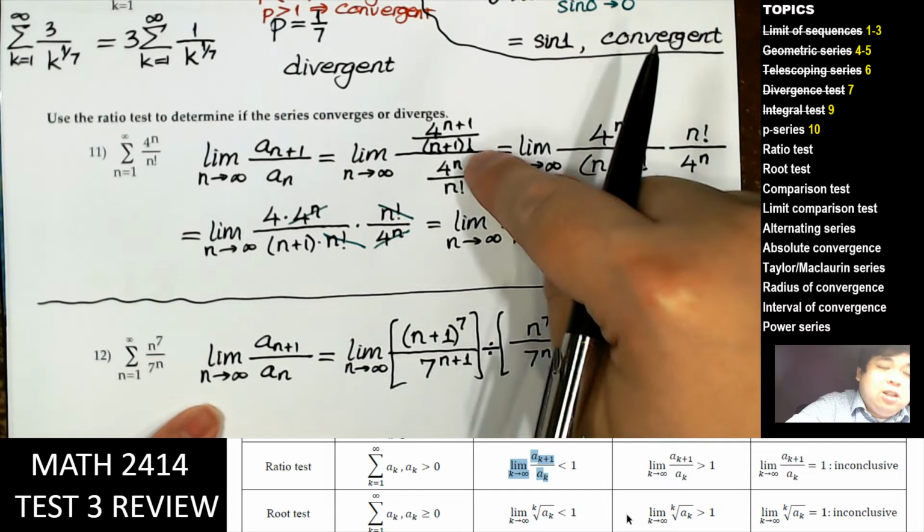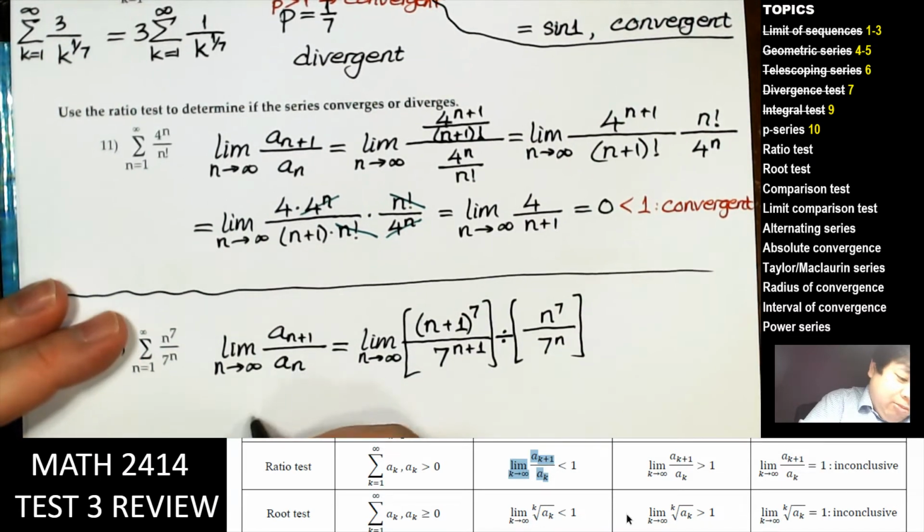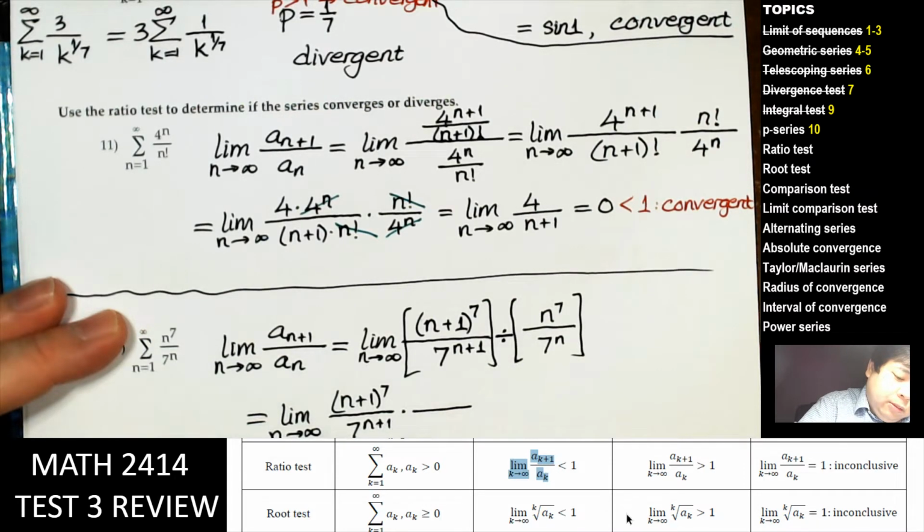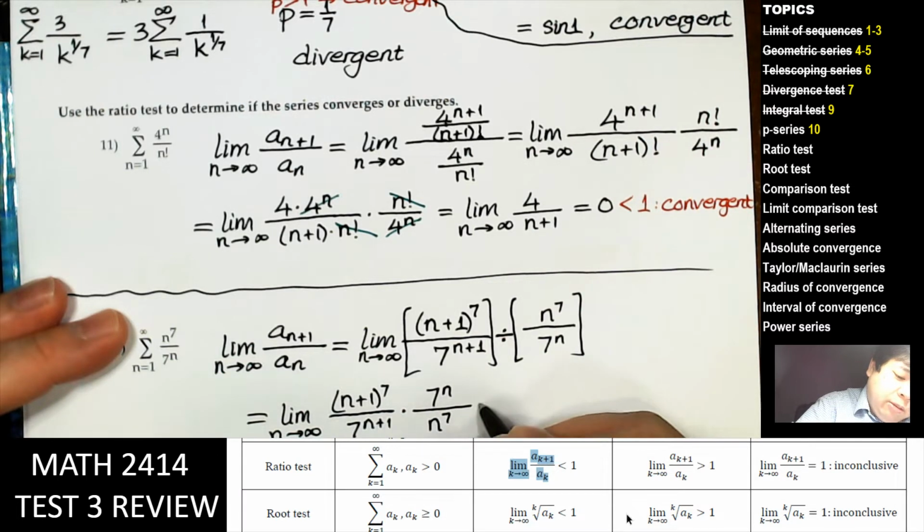You can write like this or like that, it doesn't matter. Now dividing by a fraction is multiplying by the reciprocal. So 7 to the n on the top and n to the 7 at the bottom.